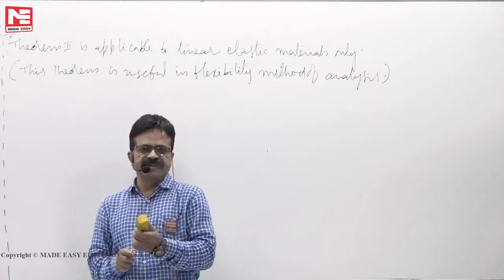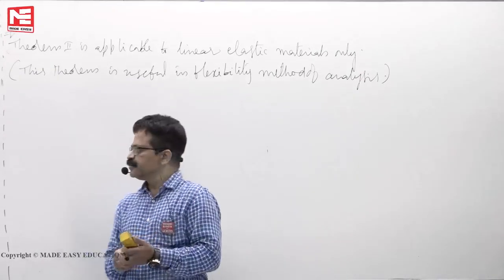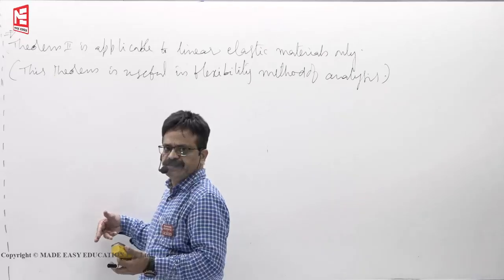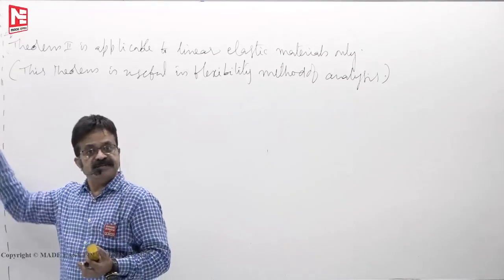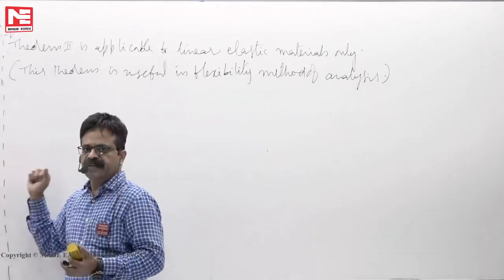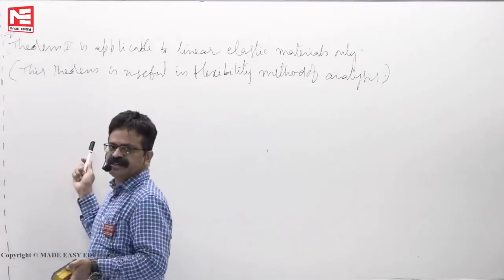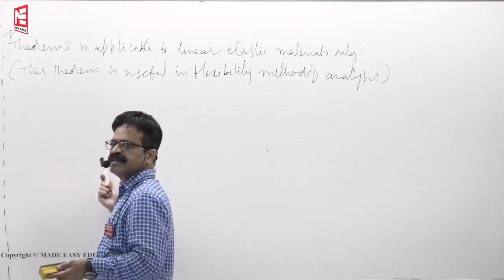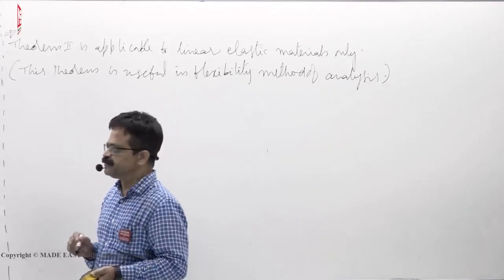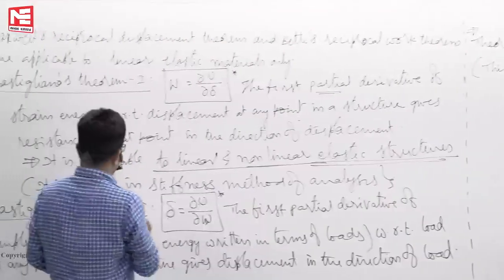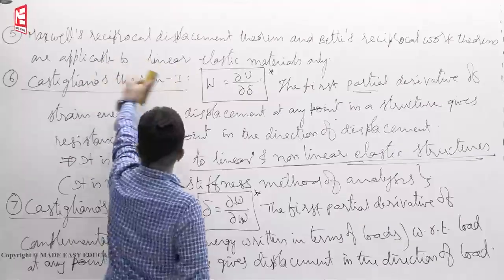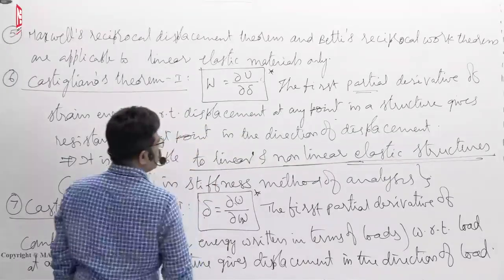That means complementary energy you will write there. Then you differentiate it with respect to loads. Whereas in the stiffness method, you will write strain energy in terms of the deformations. We will see in the matrix methods of structural analysis how the energy expressions should be written. Okay. Now, this is about the fundamentals regarding Castigliano's theorem 1, theorem 2, and Maxwell's reciprocal and Betti's reciprocal work theorem.